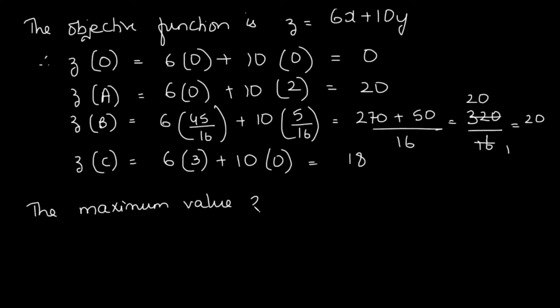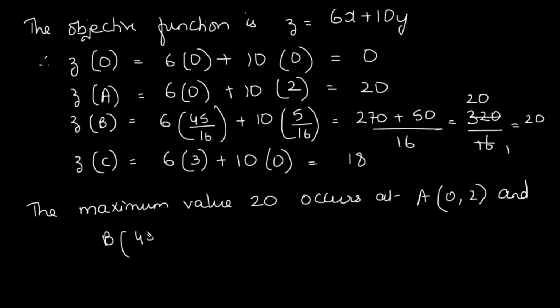The maximum value 20 occurs at both these points, that is occurs at A, that is 0, 2, and also B, that is 45 upon 16 and 5 upon 16.